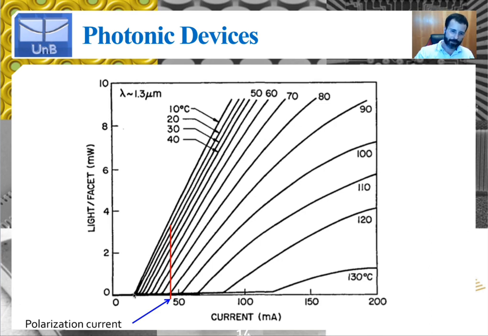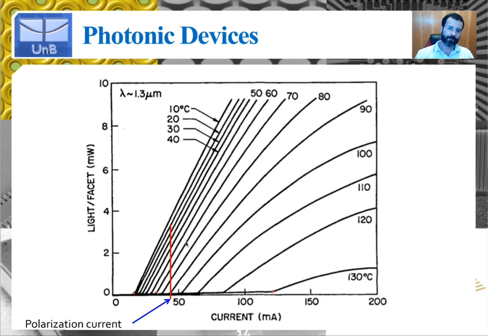And we see here for different temperatures, so 10 degrees Celsius, 20 degrees Celsius, and so on, up until 130 degrees, that the threshold current, which for 10 degrees Celsius would be around this point, for say 70 degrees would be around this point right here, and for 130 would be this point. The threshold current changes drastically as you change the temperature, right?